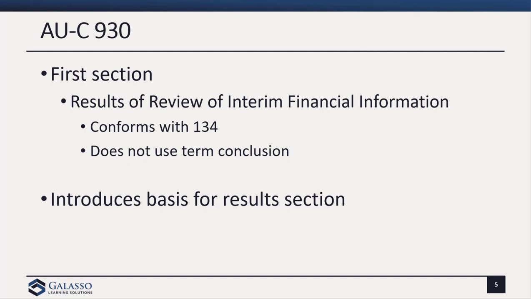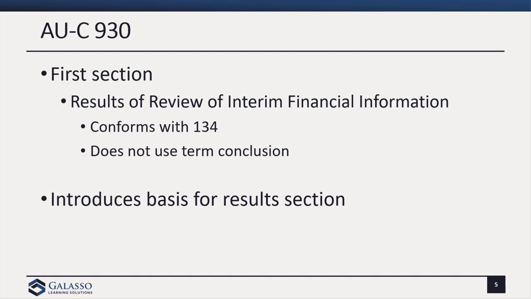AUC 930, which is related to reviews of interim financial information. This is also conforming amendments, but there's a couple of things to remember here. We have lots of different types of reviews. We have reviews under the SASes, which relate to interim financial information. We have reviews under the SARs, which are related to reviews of financial statements in order to give a conclusion.